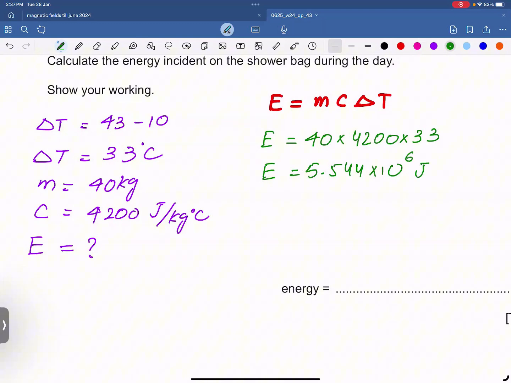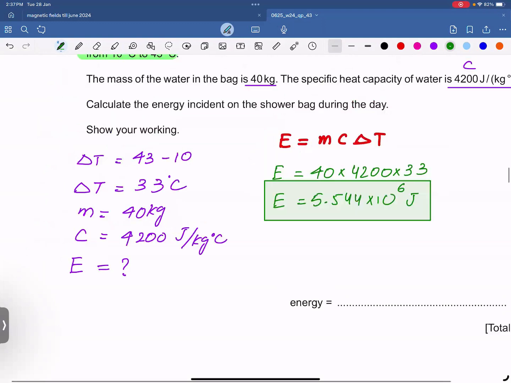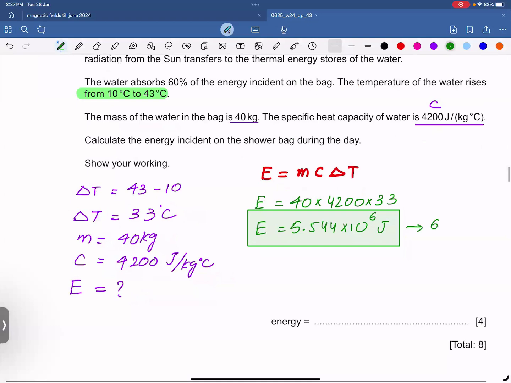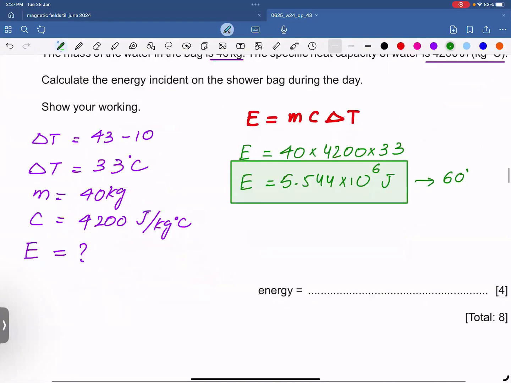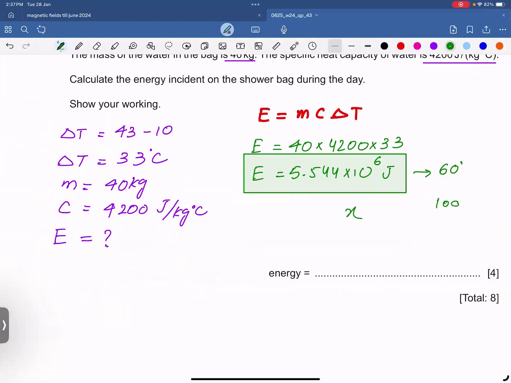Now, this energy which is absorbed, this is actually 60%, as they told you. This is 60%. So, how much will be 100%? So, you can just crisscross. So, the total energy incident will be 5.544 times 10 power 6 divided by 60 multiplied by 100.